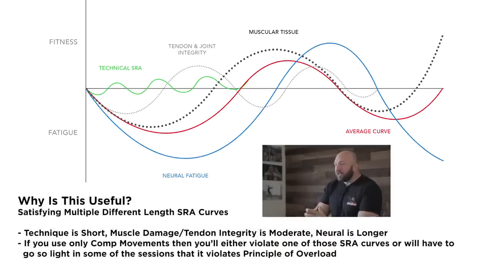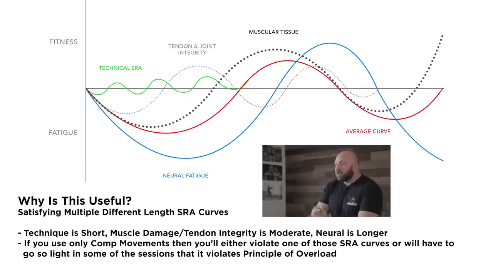Utilizing variation is going to allow us to manipulate the length of those SRA curves so that we don't get too far down in the hole on neural SRA, tendon and joint integrity SRA, or muscular SRA. While those may take longer to recover, we don't want to neglect technical SRA, which is a shorter curve. If you're only using competition movements, you're going to violate one of those SRA curves in some way.